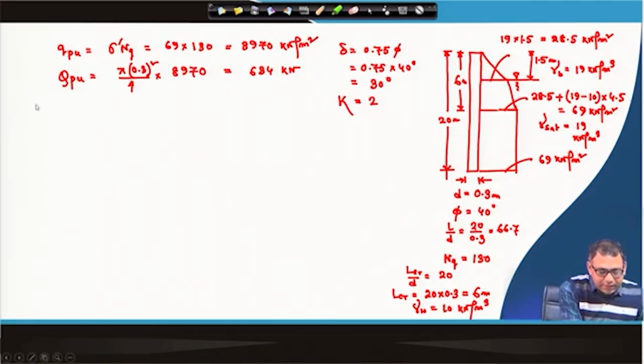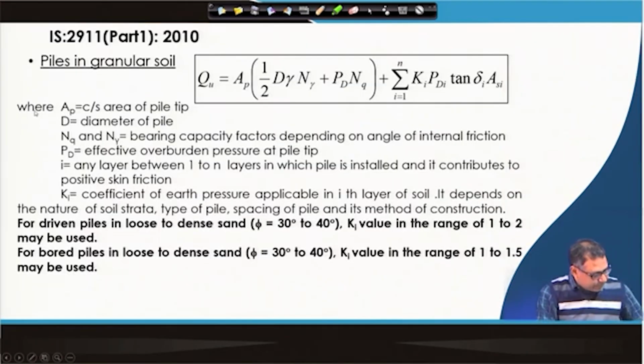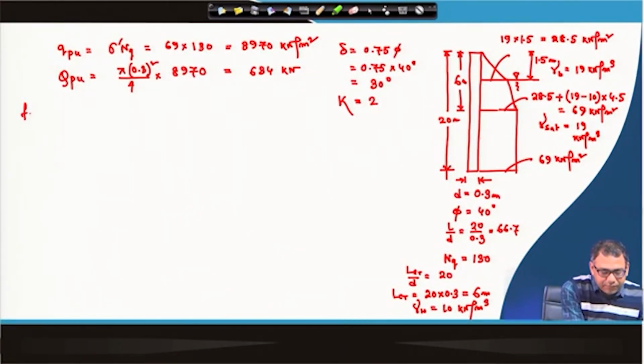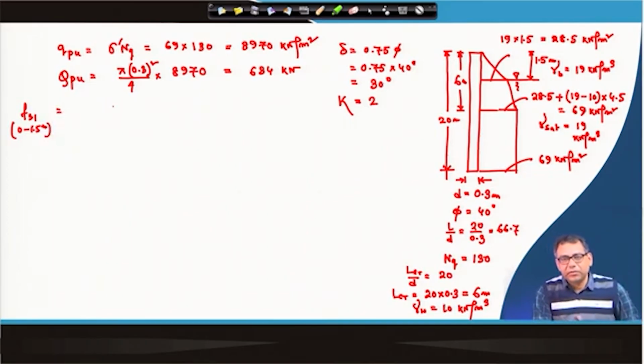So, for FS1, this is 0 to 1.5 meter. So, that is equal to, as I have discussed, that we have to take the average effective overburden pressure. So, this is a triangle where it starts from 0 to a certain value.